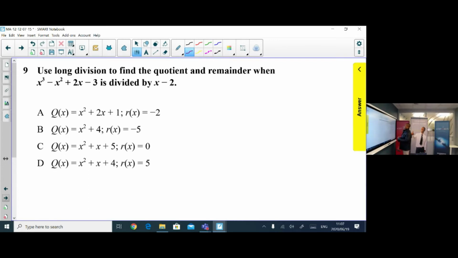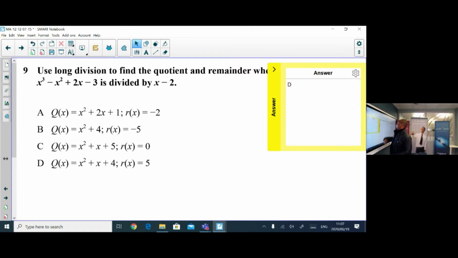And you'll see that you also could use the long division, which we did, and we got a solution from the long division, which was D. So we had to use the long division method and got to a result.